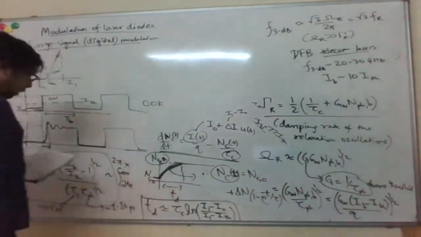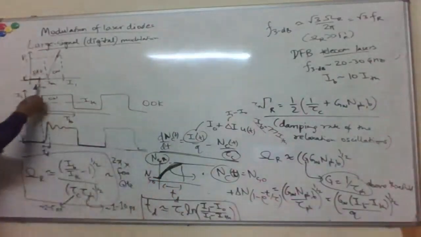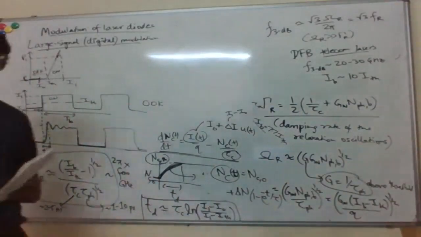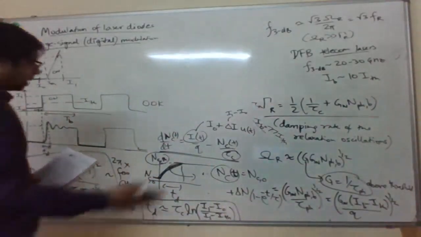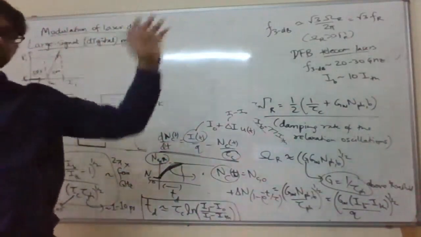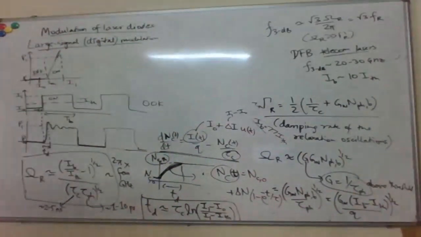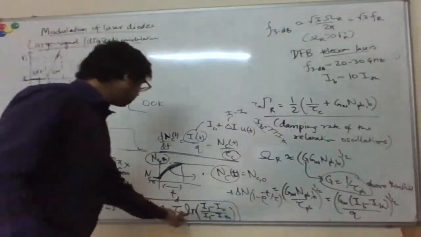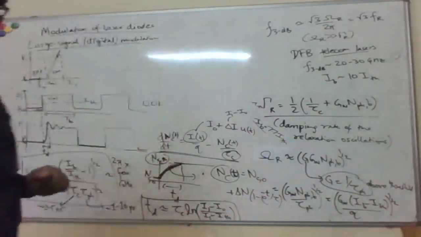But anyway, for example, you want to operate at I naught equal to 0.9 times I threshold for bit 0, and bit 1 can be 2 or 3 times threshold or even higher. That's where you want to operate for fast response time.